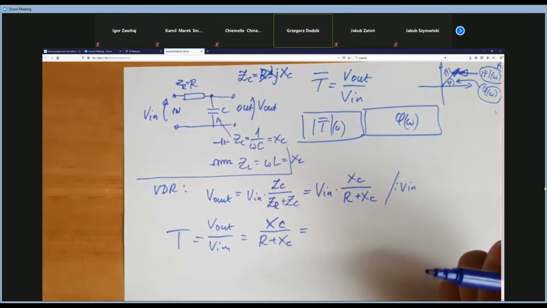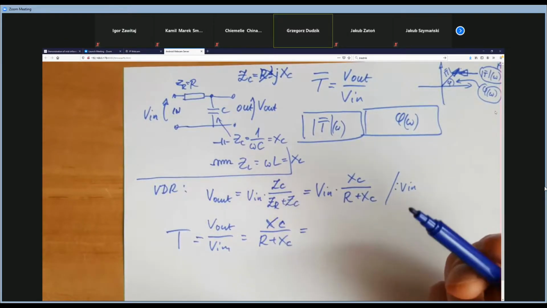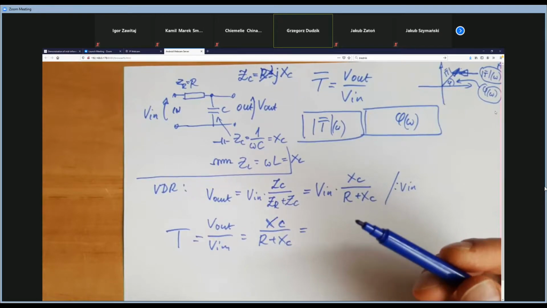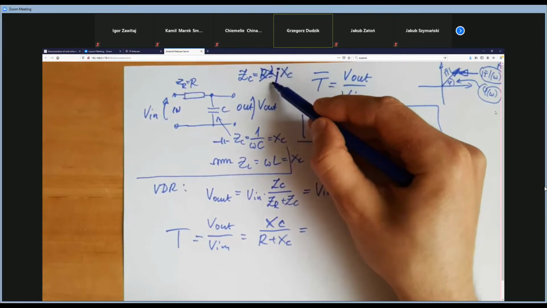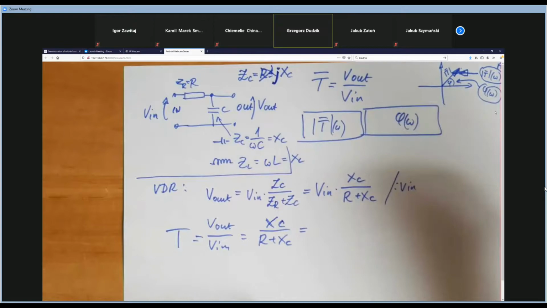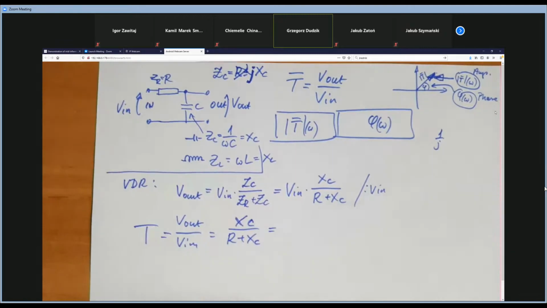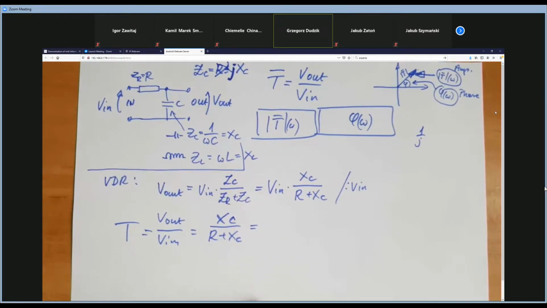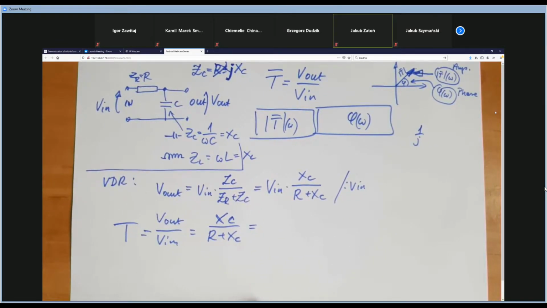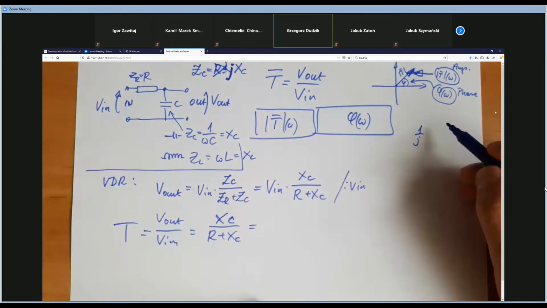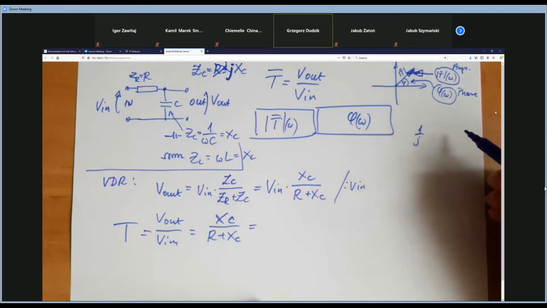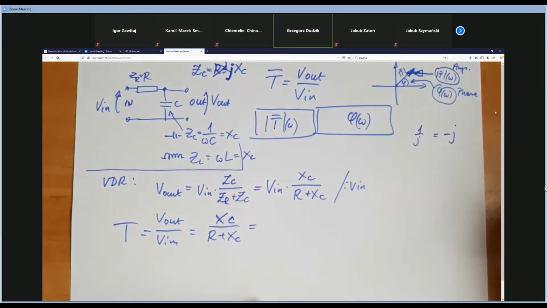However, why? Because it depends how we represent the J. Please tell me, what is 1 over J? Minus J. This is the same as minus J, because we have to multiply by the conjugate, minus J times minus J, which in fact gives us minus J. That's right.